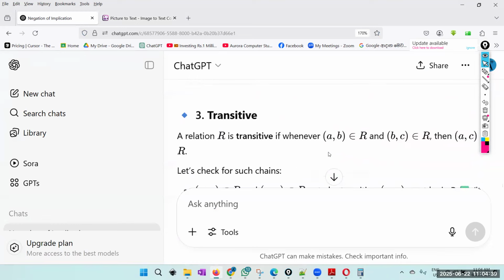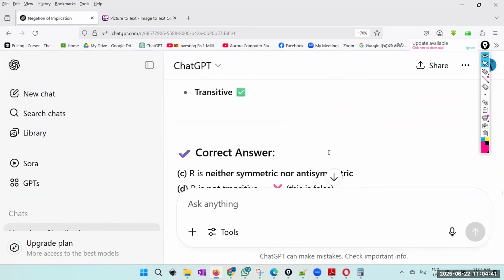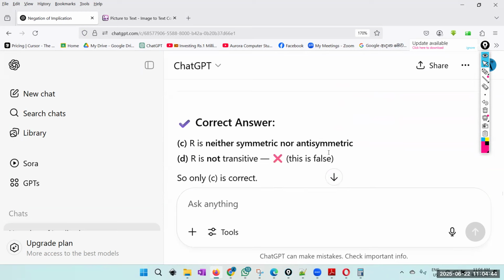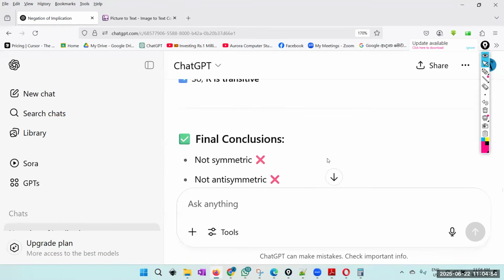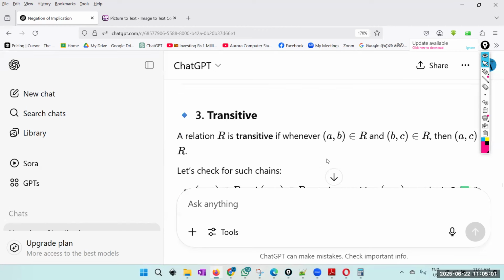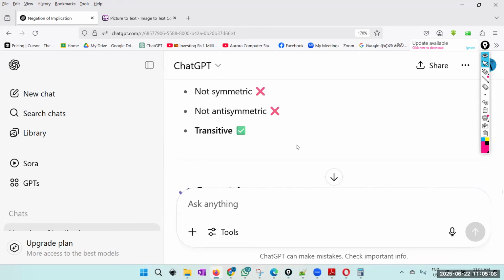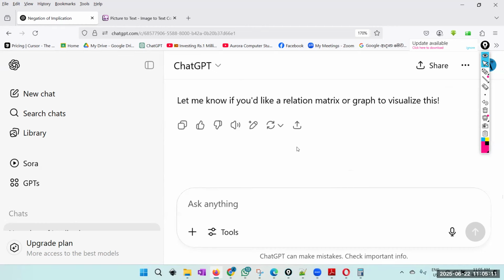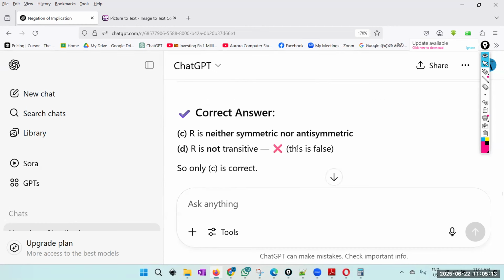So ChatGPT also says that is transitive. So ChatGPT's answer is also only C. We consider transitiveness when we have three variables, right? If you are just looking at two things, you don't need to check the transitiveness.